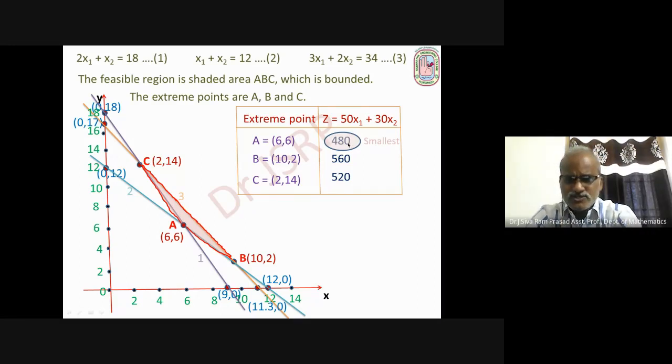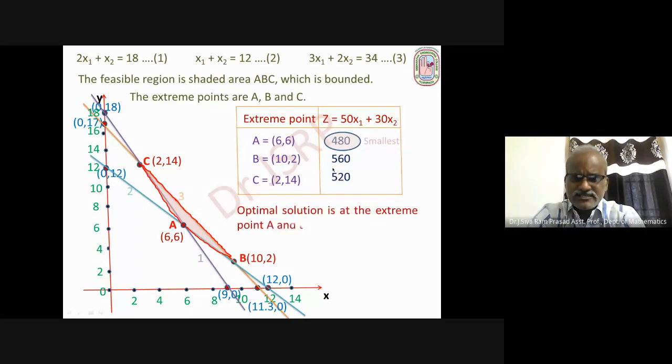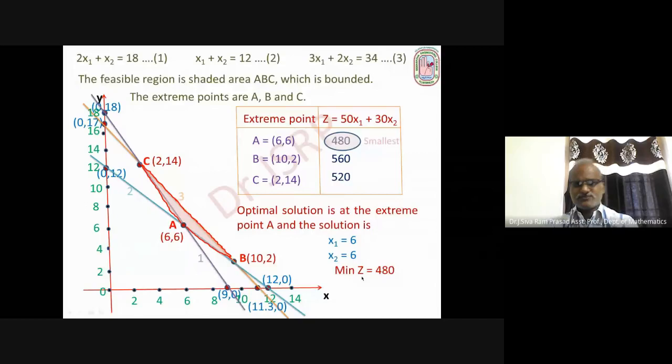This is the optimal solution. The optimal solution is at extreme point A, with coordinates 6 comma 6, that is x1 equals 6, x2 equals 6, and the objective function value is minimum Z equal 480. So this is the optimal solution to this problem.